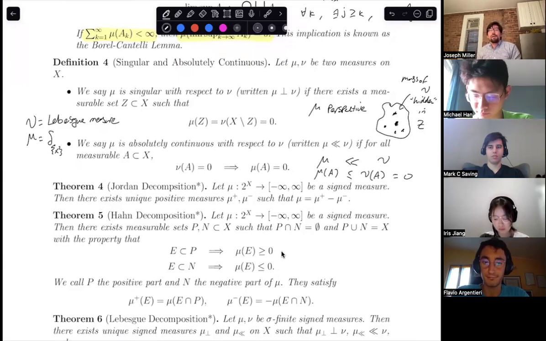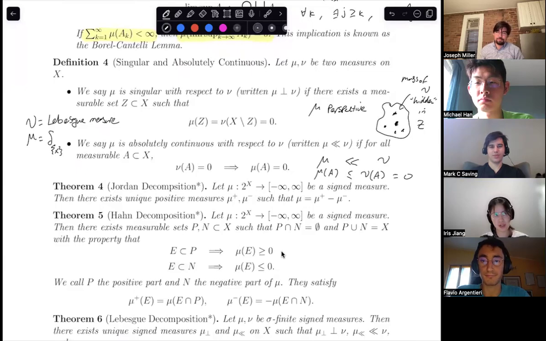Okay. What about for absolute continuity? Can anybody construct something if nu is still the Lebesgue measure? Take any function and integrate it over the set you're trying to measure. Yeah.